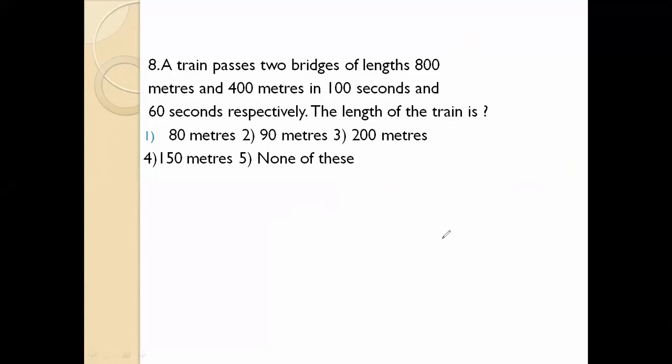Speed of crossing bridge 1 equals speed of crossing bridge 2. Speed equals distance by time. Distance means length of train x plus length of bridge 800, divided by time. How much time does it take? 100 seconds in the first case equals x plus 400 divided by 60 seconds in the second case. 2 fives are 10, 2 threes are 6.